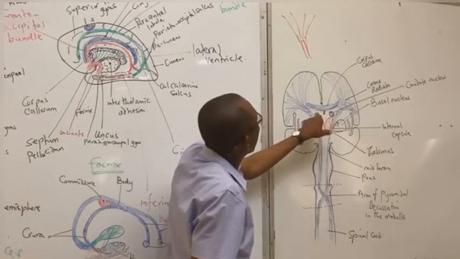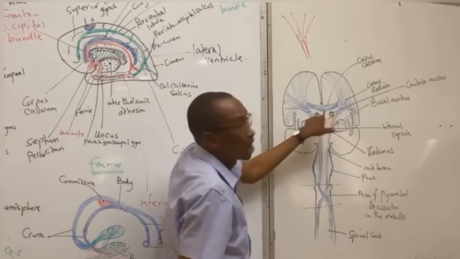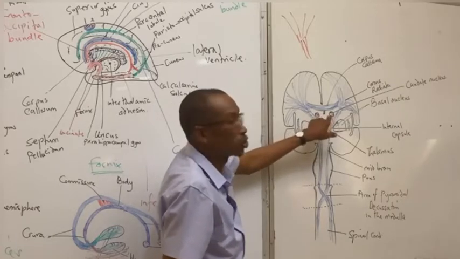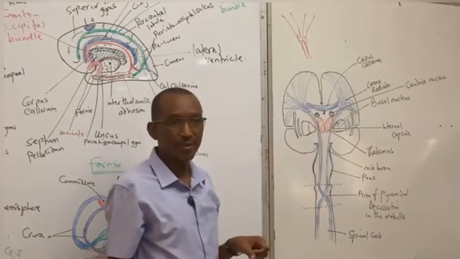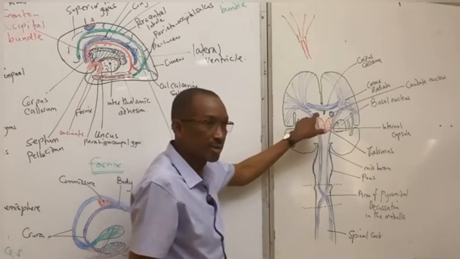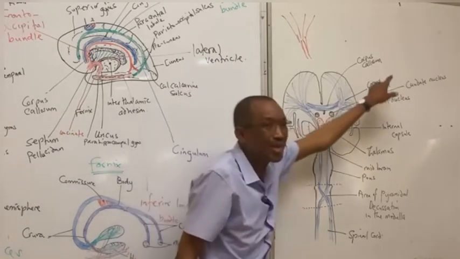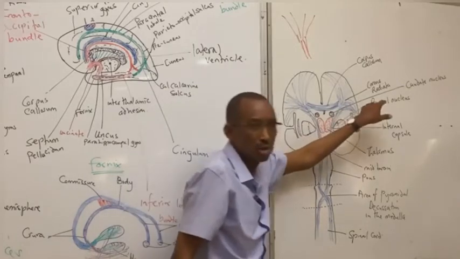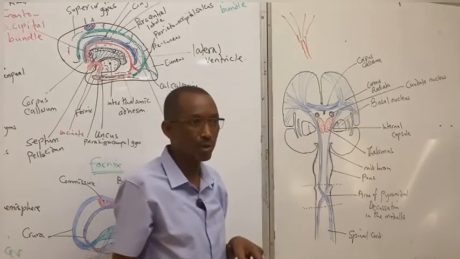Similarly, we have another nucleus that is lying immediately above each of the two thalami. This nucleus is what we call the caudate nucleus, which is part of the basal nuclei that we will discuss later on. Are you clear?